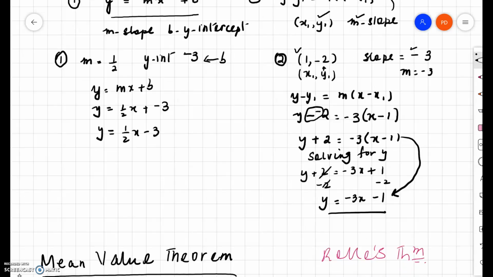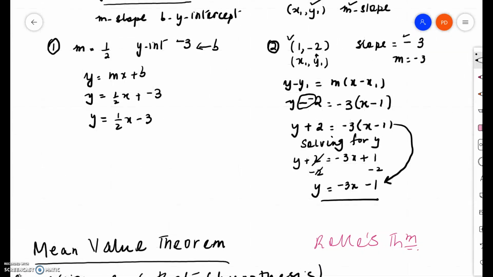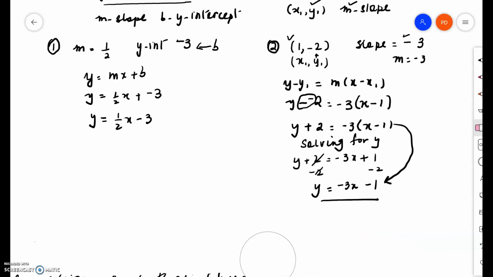Now, one more fact here. Parallel lines have same slope. Okay, so let's say we have a line y equals -3x minus 4. Note that the slope of this line, slope is the number that's multiplied to x.